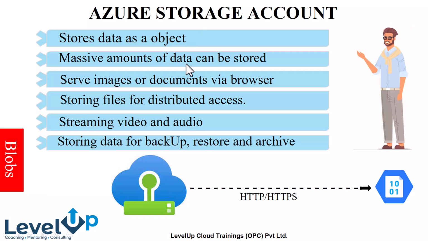Now, under Azure Storage Account, there are multiple options. One of them is called Azure Blobs. Azure Blobs is one of the services provided by Azure Storage Account. Under Azure Blob, the data in this kind of storage is stored in the form of an object. What do we mean by storing the data in the form of an object?